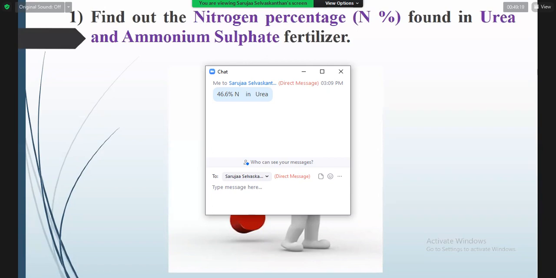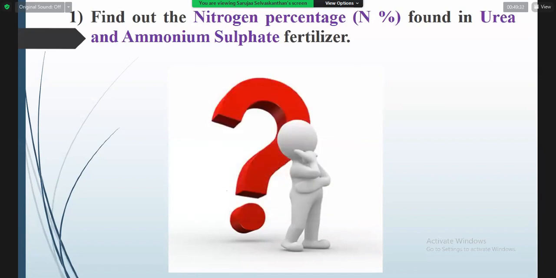How much percentage of nitrogen is available in urea? Some sent correct answers, others sent very wrong answers.